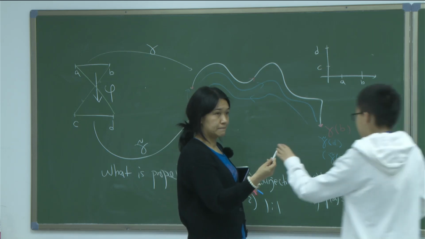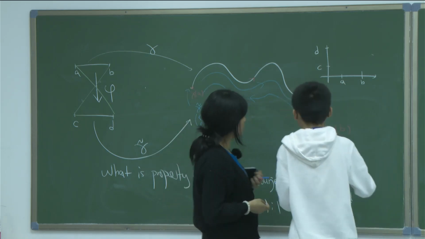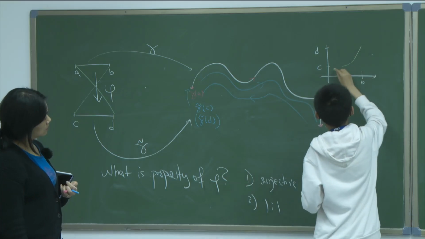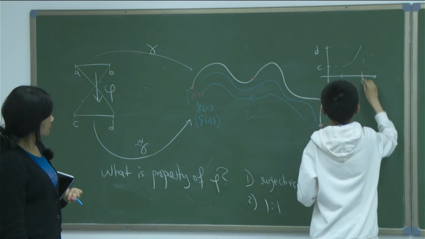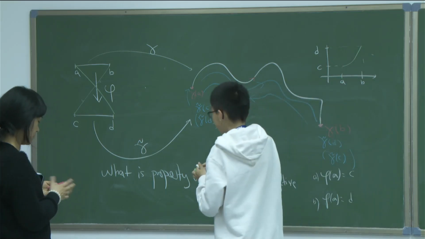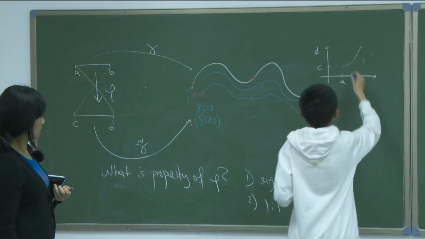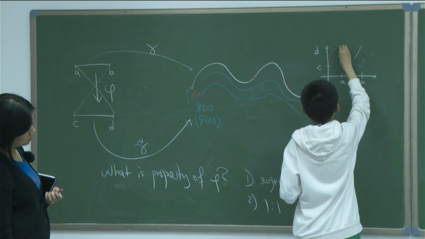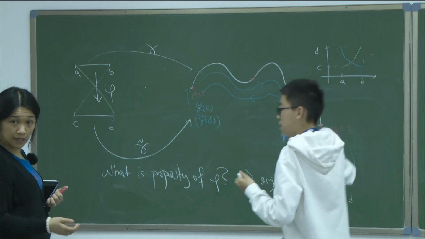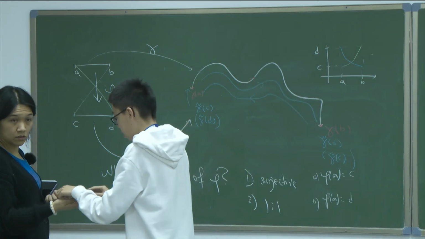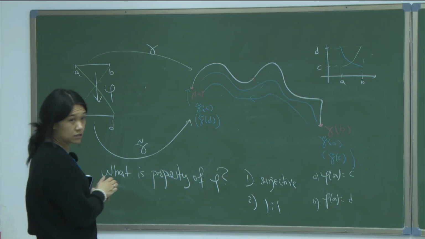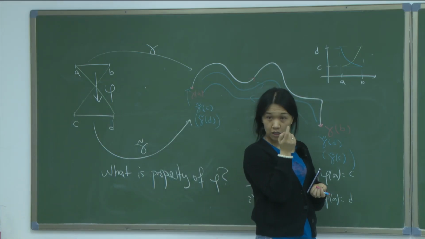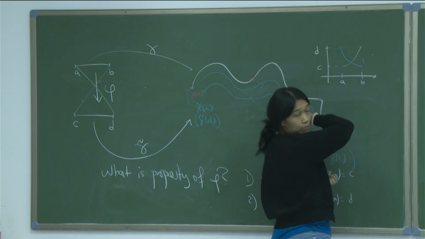In the first case, if A maps to C, then it's like this, and in another case like this. The difference is because you need it to be one to one and surjective, so this interval must map onto this one.